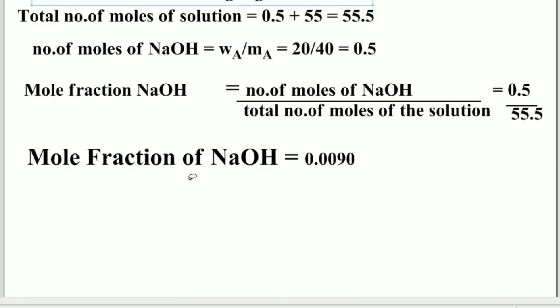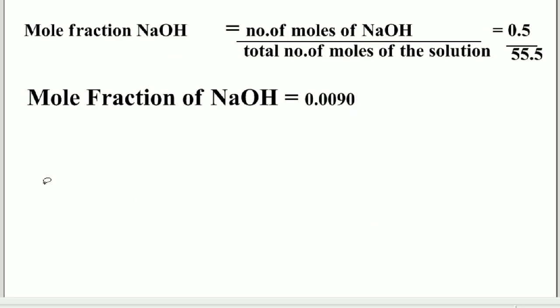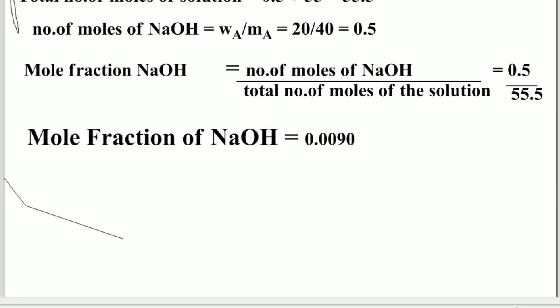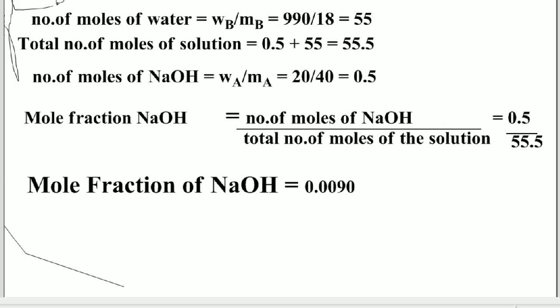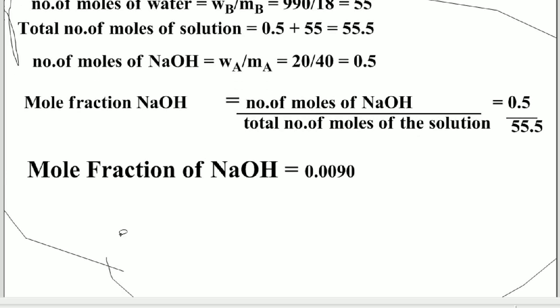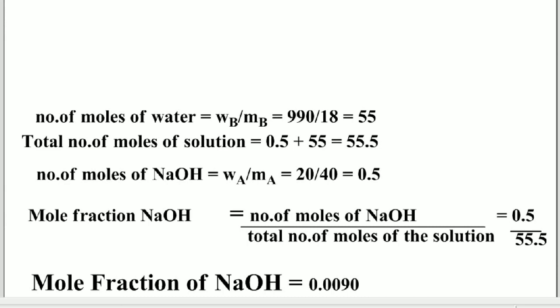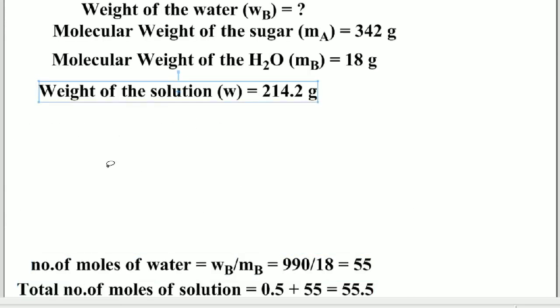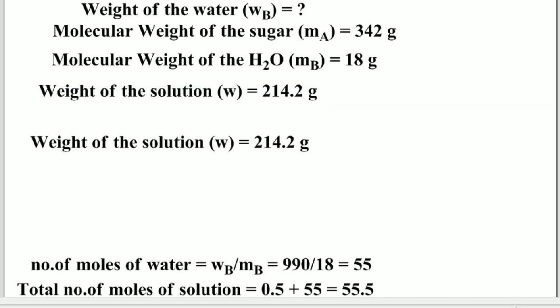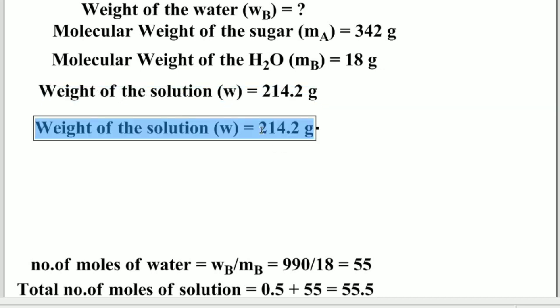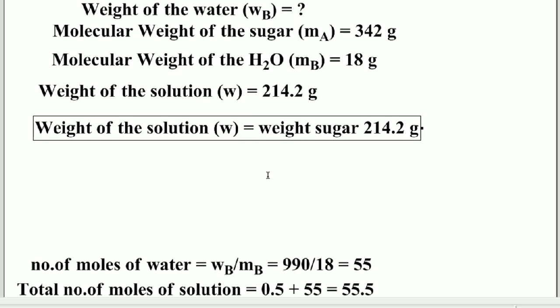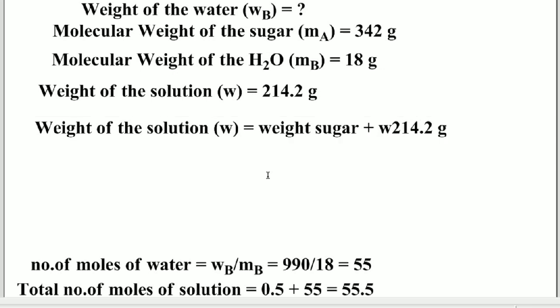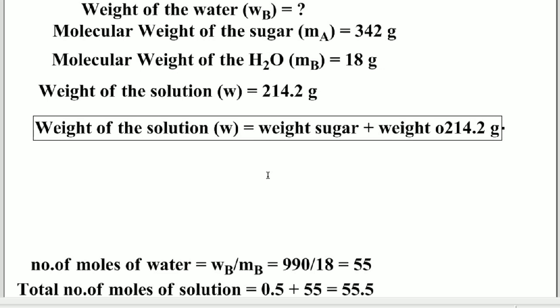Students, we know that mass of the solution or weight of the solution is equal to the weight of the solute plus weight of the solvent. Therefore, in the present problem, weight of the solution is equal to weight of the sugar plus weight or mass of the water.